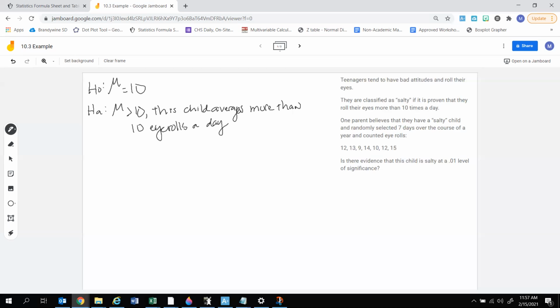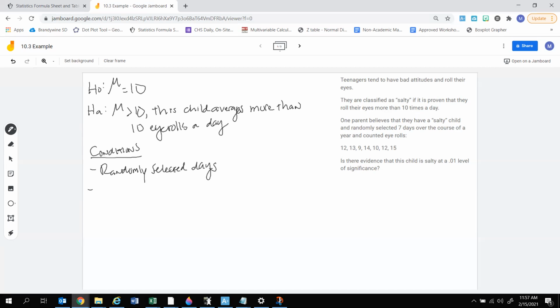All right, for our conditions. One, random. It says in the question that these are randomly selected days. Thing number two, we check for 10 percent.